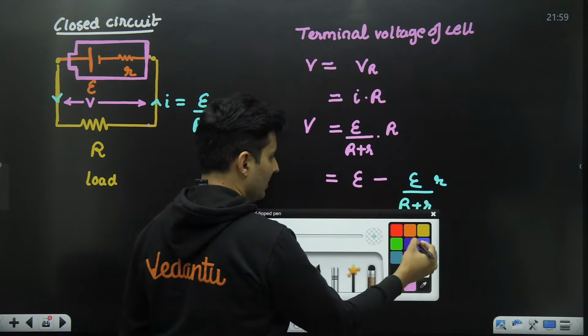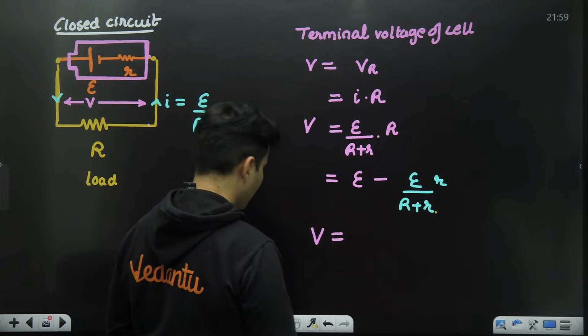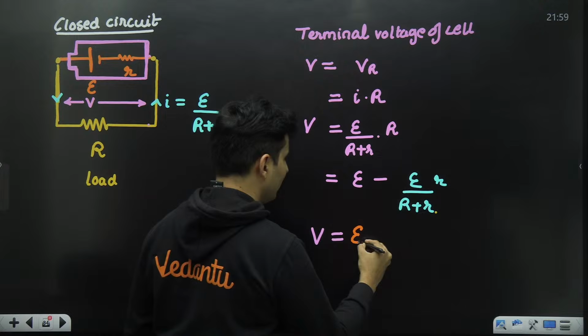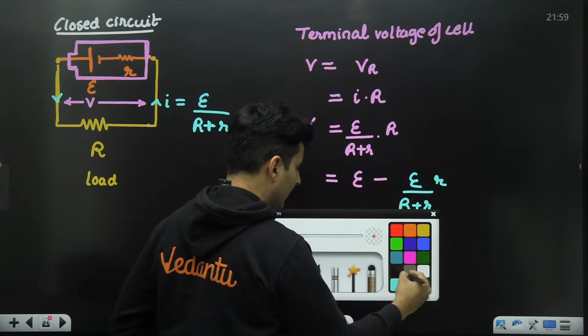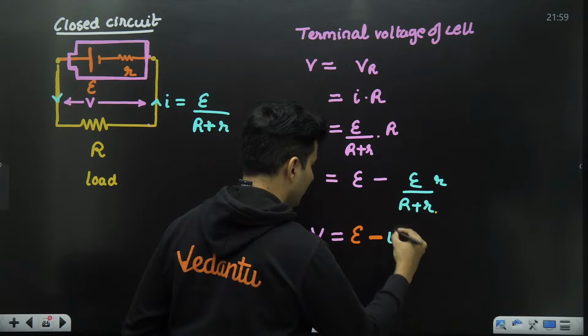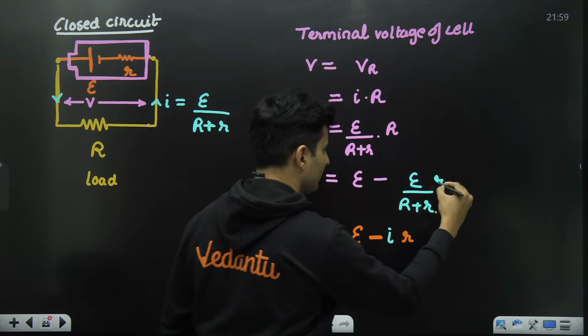So this is the same as saying the terminal voltage is nothing but this particular EMF, minus that current which is going in that circuit, into the internal resistance.